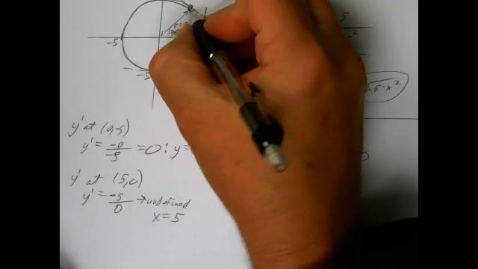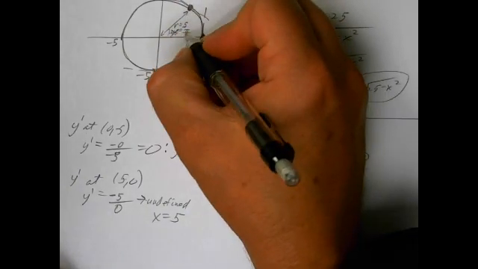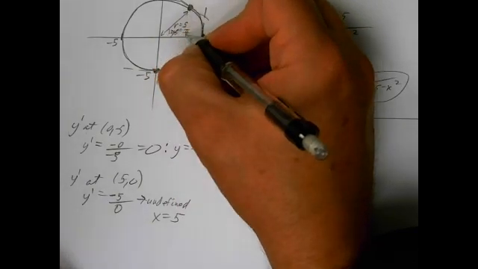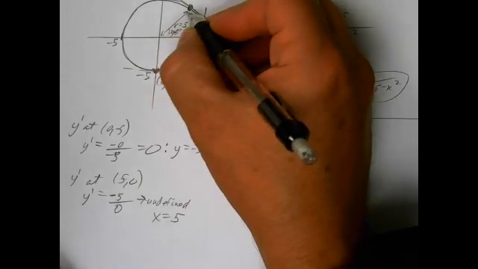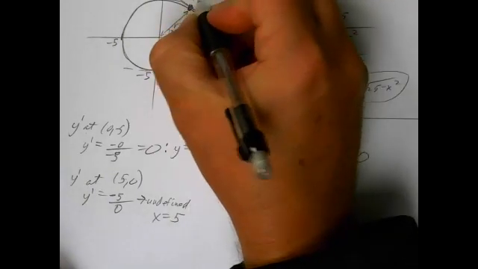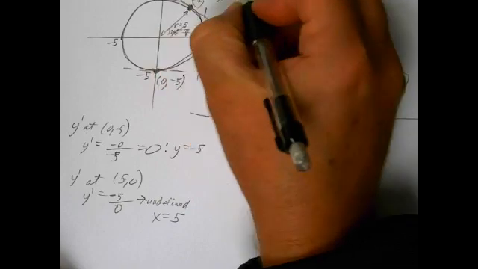Let's look at this point right here. Okay, what would that point be? Well, it's on the triangle at a 45-degree angle, or a pi over 4 angle, with a radius of 5. So that would be 5 square roots of 2 over 2, comma, 5 square roots of 2 over 2.